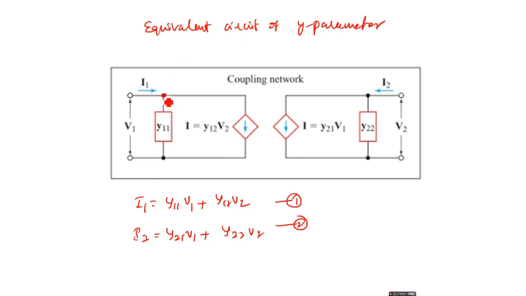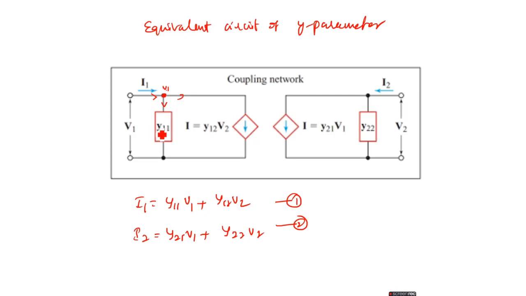Alright, so if you apply KCL at this point, we will get the same expression. I1 current is entering, these two currents are leaving, so it is at the potential V1 divided by Z11. It is not an impedance here, it is admittance. Keep that point in your mind. What is the current flowing through this branch?